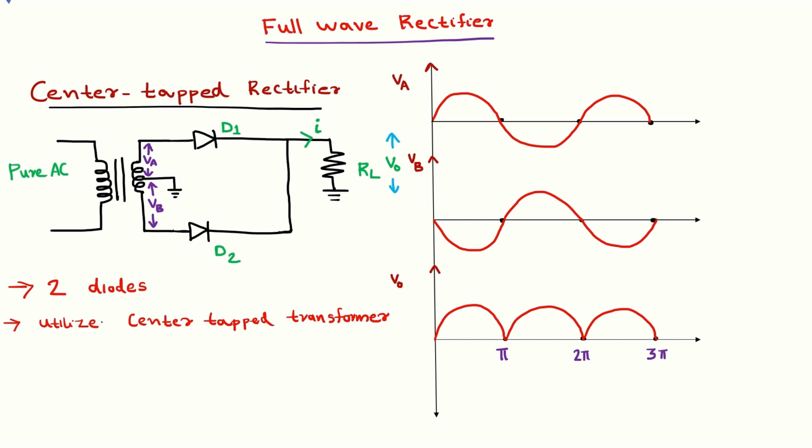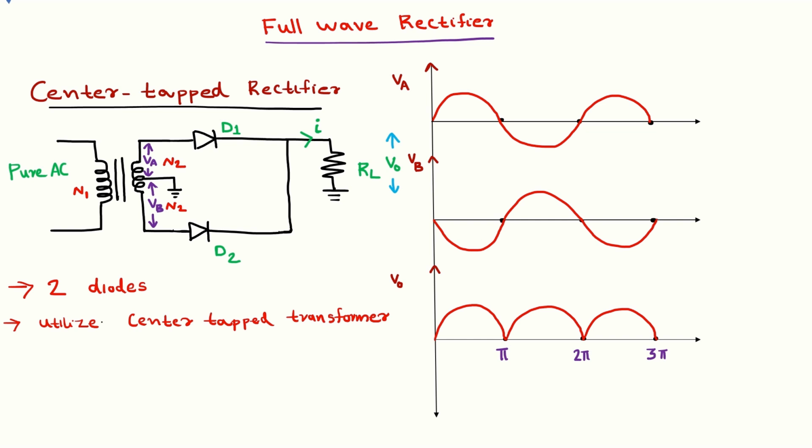Here I am writing that the primary winding has N1 turns, and the secondary winding in a center tapped transformer is divided into two halves. The first half has N2 turns, and the second half also has N2 turns.